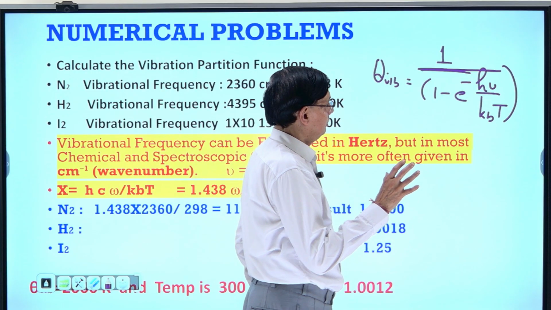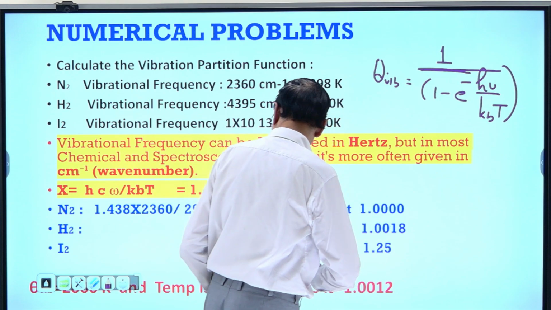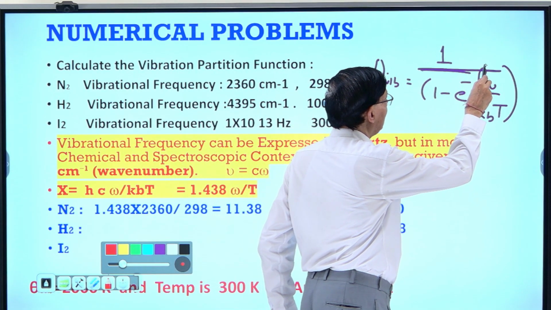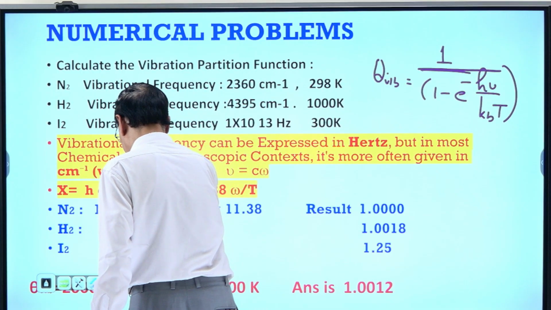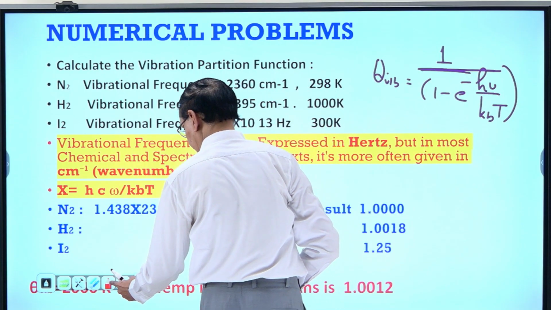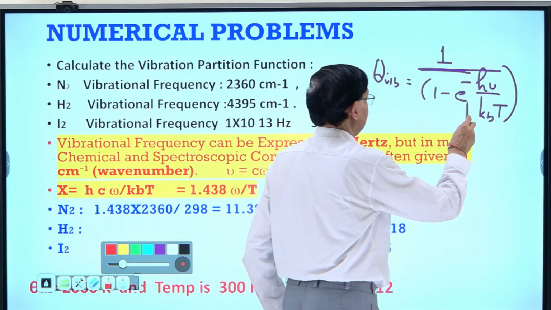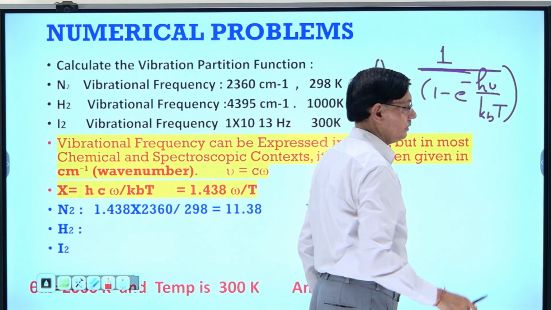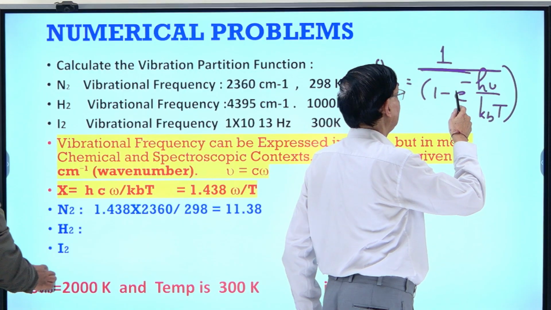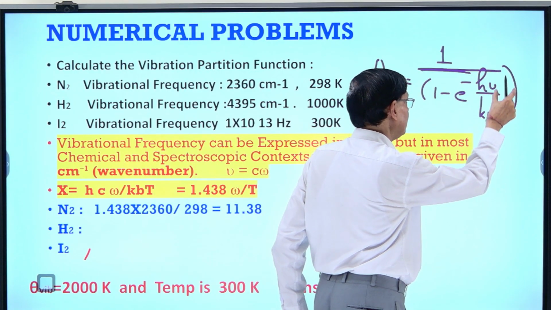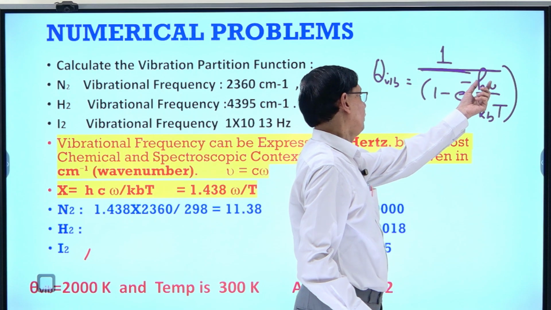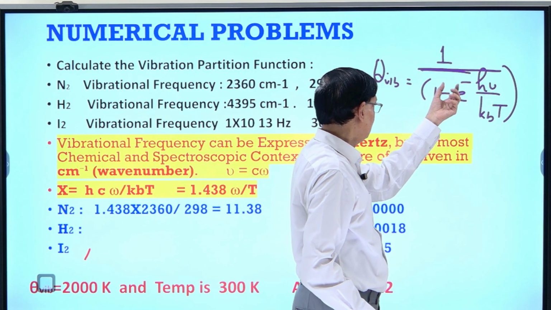So very simple, if you know the values of the Planck constant, then the Boltzmann constant, then temperature and vibrational frequency, whatever the value of the exponential, suppose it is 12.25, so exponential minus 12.25, you will get the value.